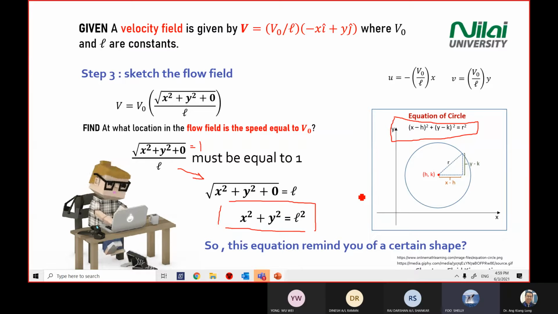The value for h and k will be 0. So when you have 0, where will the circle be? If you draw a circle, where is the center of the circle?